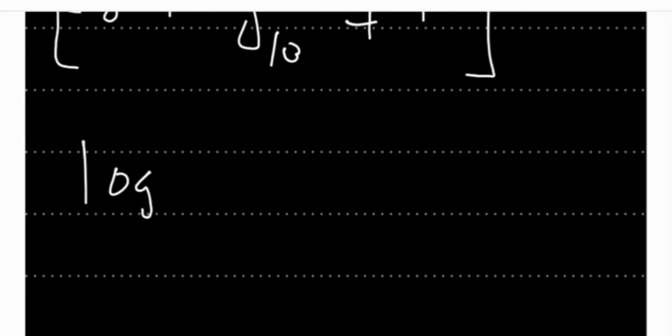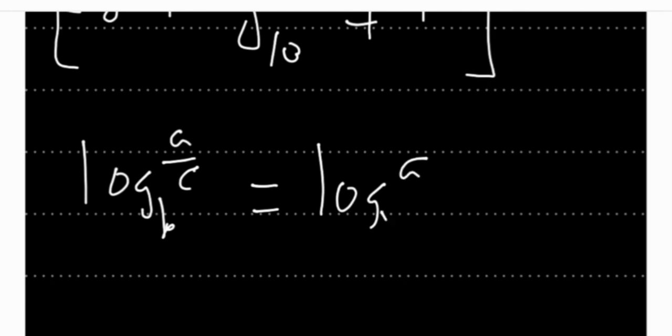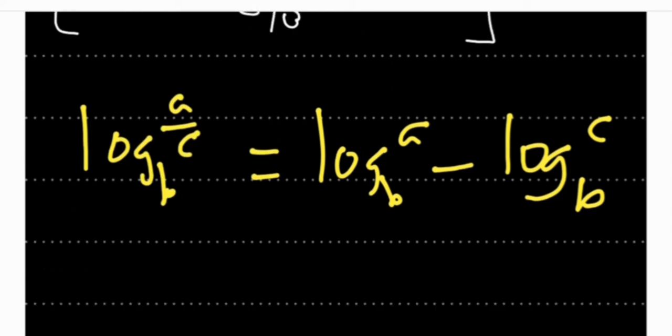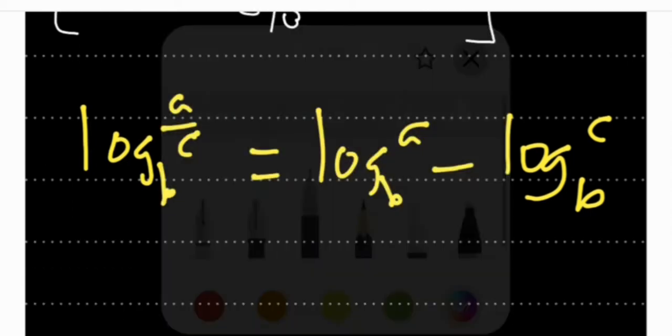So 29 log of 10 divided by 2. Let's talk about another property of logarithms. Log of a divided by c in the base b is equal to log of a base b minus log of c base b. Remember this? If you have something dividing, it becomes subtraction in the logarithm.